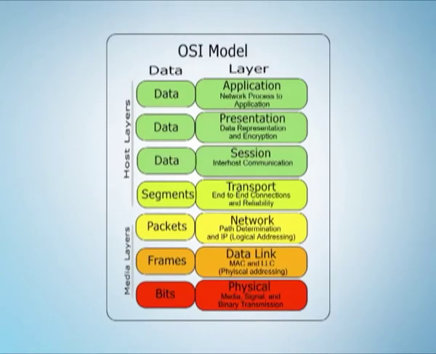The OSI or Open System Interconnection model defines a networking framework to implement protocols in 7 layers. Control is passed from one layer to the next, starting at the application layer in one station and proceeding to the bottom layer, over the channel to the next station and back up the hierarchy.